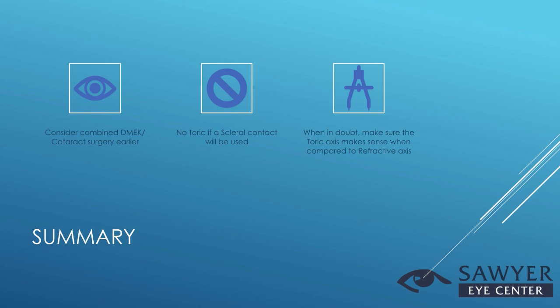Do not use a toric if a patient will use a scleral contact in irregular corneas. A scleral contact or a comparable specialty contact will give the best quality of vision that a patient can have, if they can wear it, if it'll fit, and if they'll actually wear it. However, most patients won't, either due to a hard time getting them in and out or due to cost.